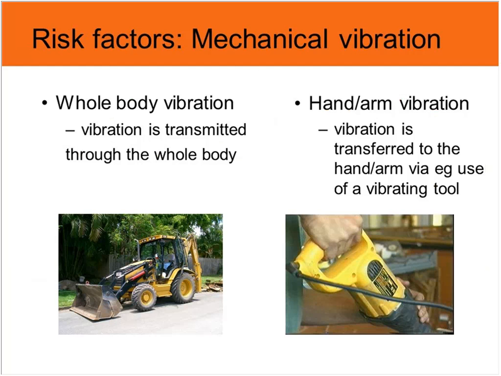Whole body vibration generally can cause lower back discomfort or lower back pain. Hand-arm vibration is specifically around using vibrating hand tools. That can impact the hand-arm area, and it can cause fatigue, pain, numbness and tingling, and some longer-term injuries.